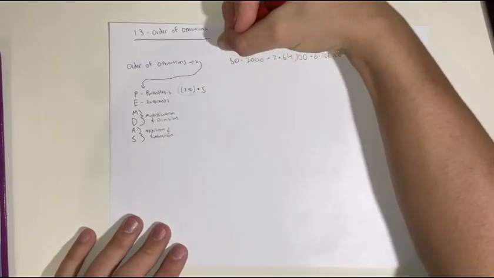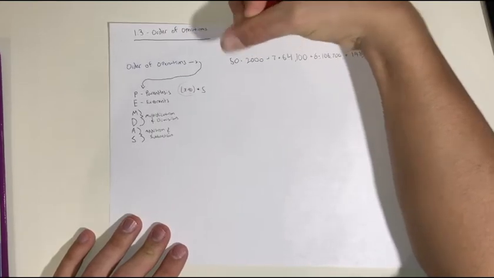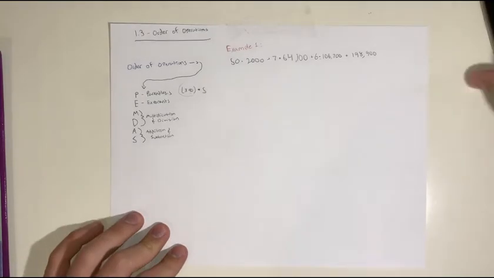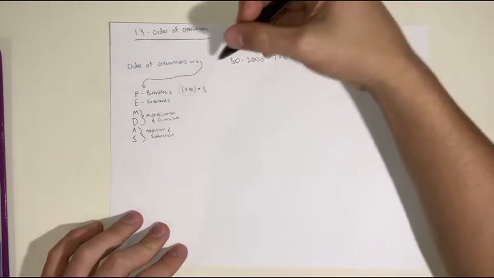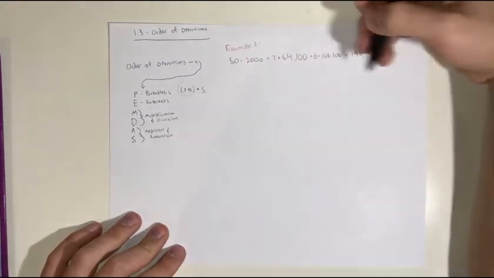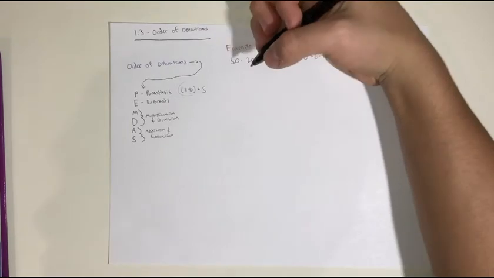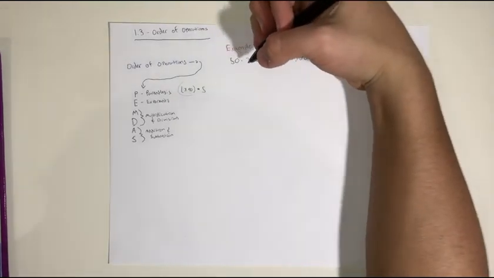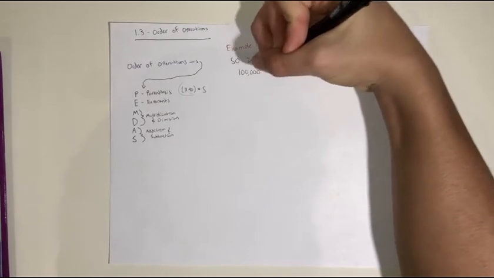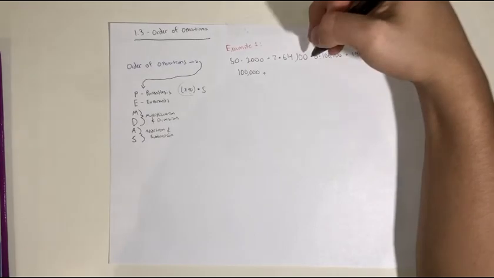So this happens to be example 1, the example they gave us. Is there any parentheses? No. Exponents? No. Multiplication and division? Let's see. We go from left to right for multiplication and division. 50 times 2,000 is 100,000. Plus 7 times 64,100.